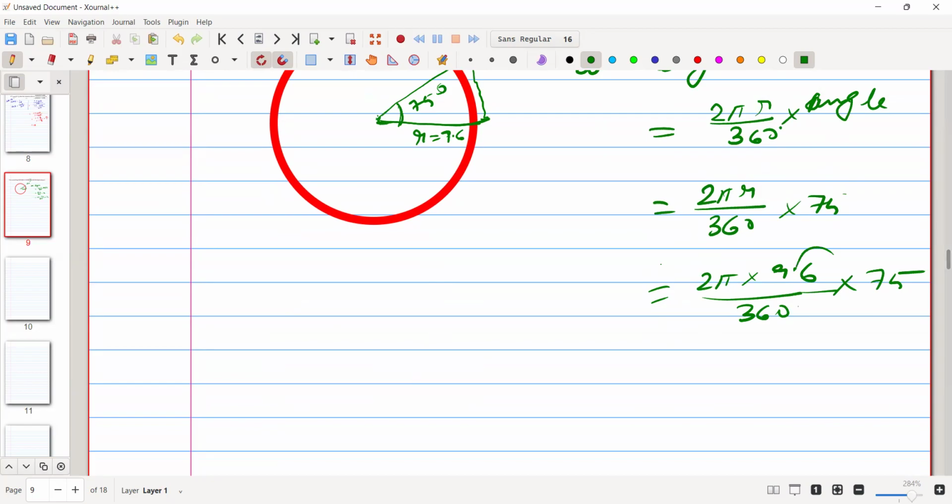Okay, so how to do this? Make cancellations.